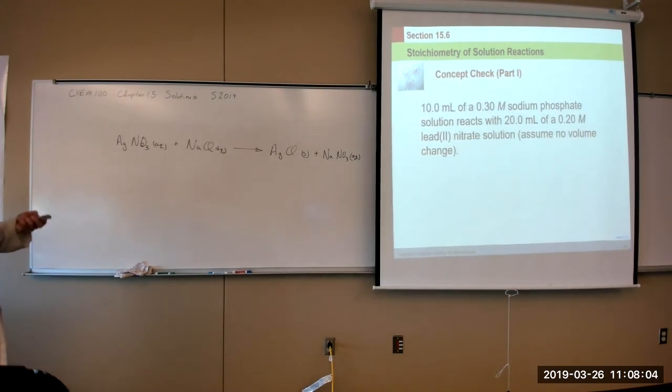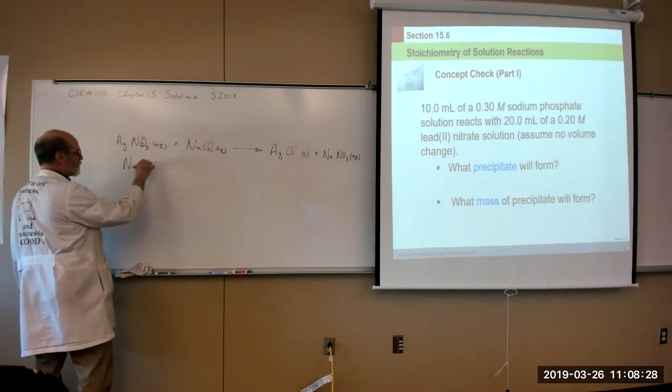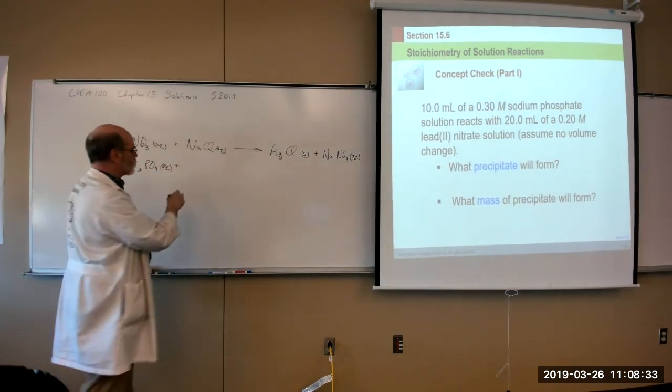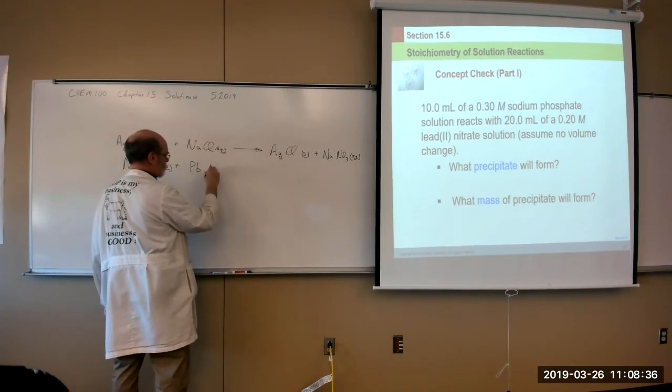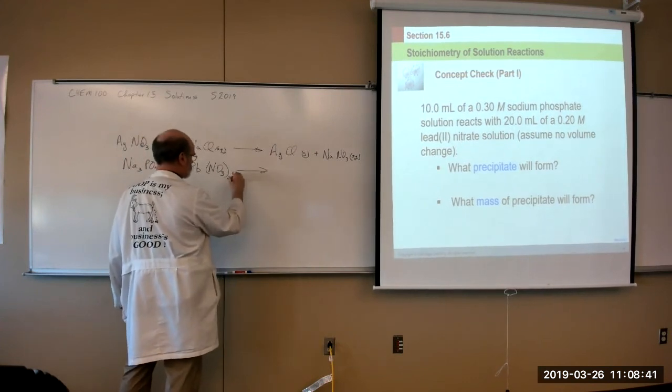Here's an example. So we've got 10 mils of sodium phosphate. We have to know how to write that. And then we combine it with 20 mils of this concentration of lead 2 nitrate. The question is what precipitate will form? Well, in that case, you've got to be able to write the compound, sodium phosphate in solution, and then lead 2 nitrate in solution.